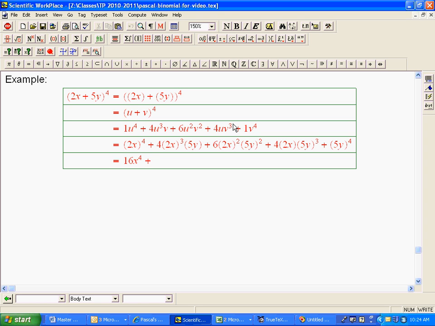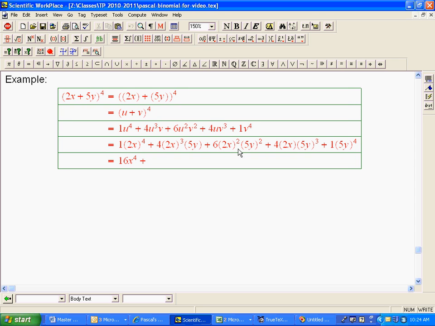And you might think, oh, that can't be coming from the binomial theorem. Well, it does. It's just the mixture of the 1, 4, 6, 4, 1 pattern with the powers of 2 and 5 that come in here.